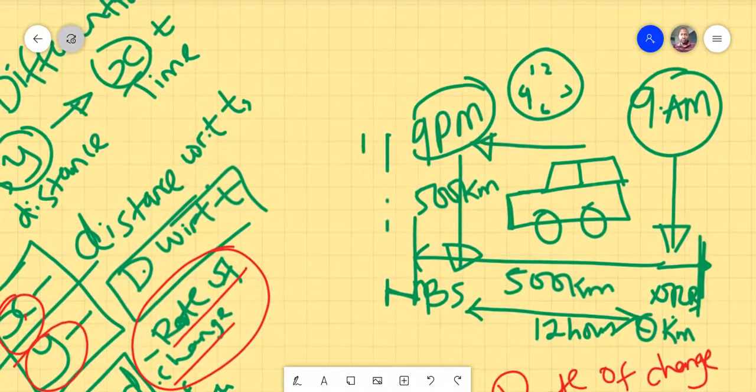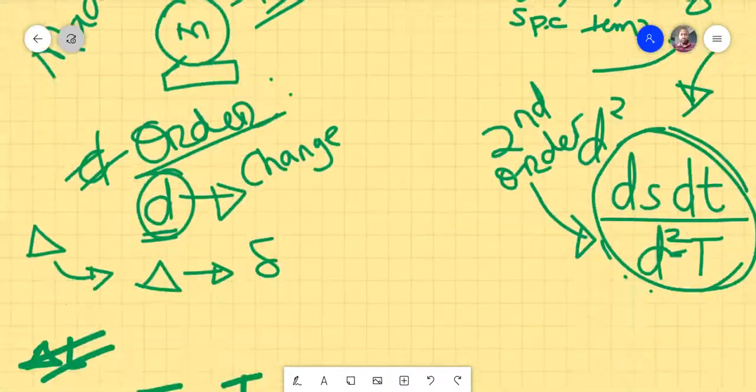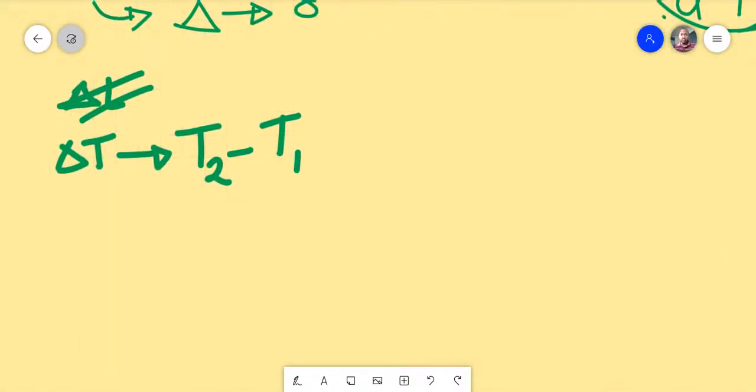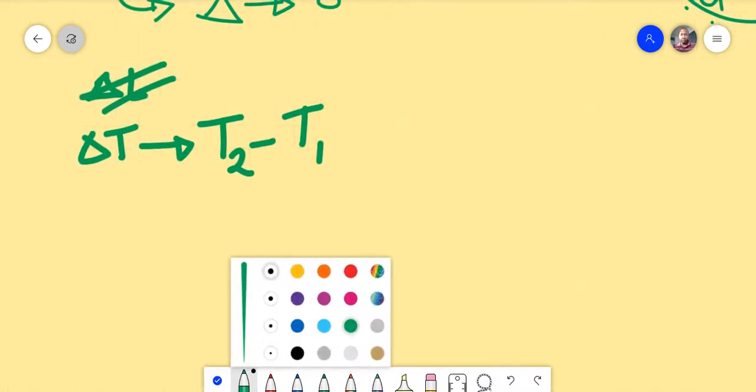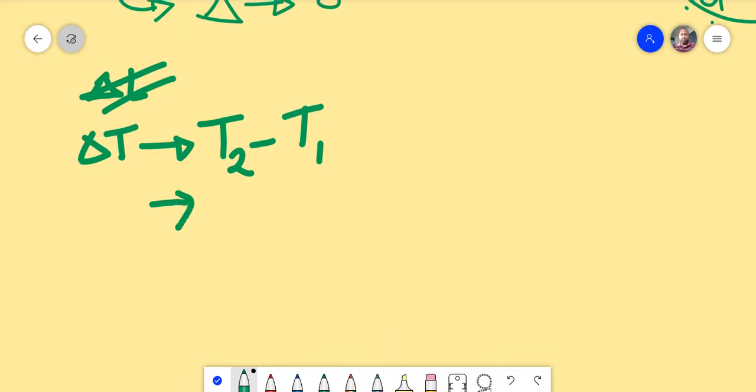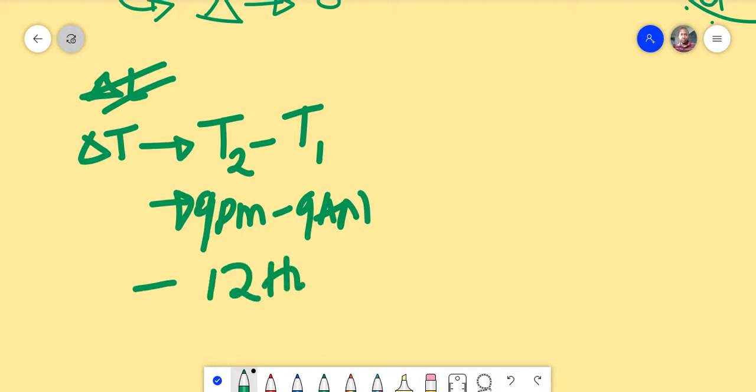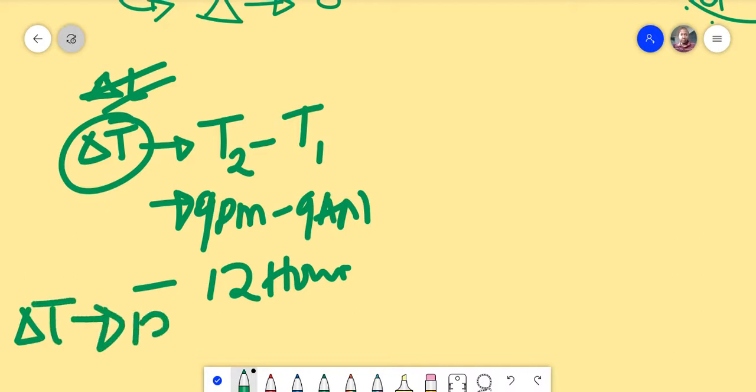It left Nairobi at 9 a.m. and reached at 9 p.m. So the change in time, which is delta t, will be given as the final time, the arrival time, which is 9 p.m., minus 9 a.m., which of course we said is 12 hours. So delta t will now be 12 hours.